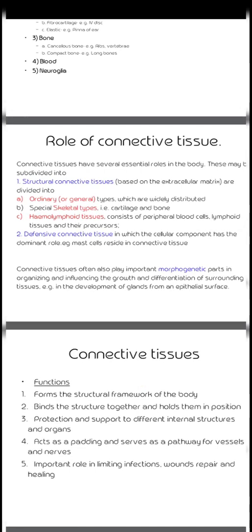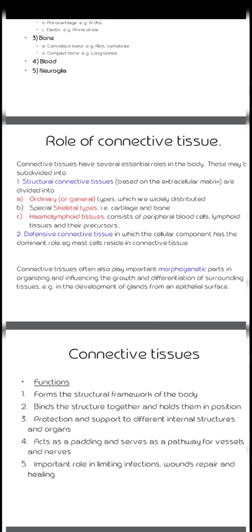The other type of connective tissue apart from structural connective tissue is defensive connective tissue, in which the cellular component has the dominant role in defense against microorganisms that enter our body, such as mast cells that reside in connective tissues.